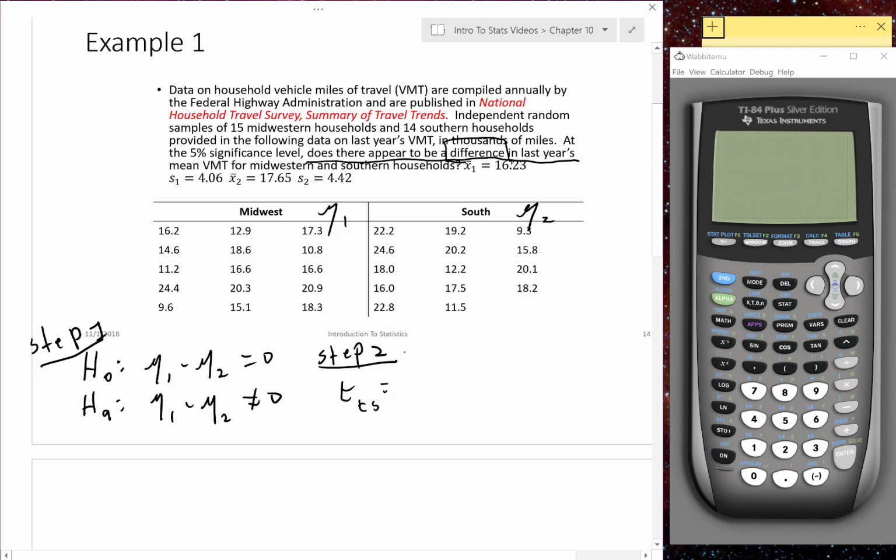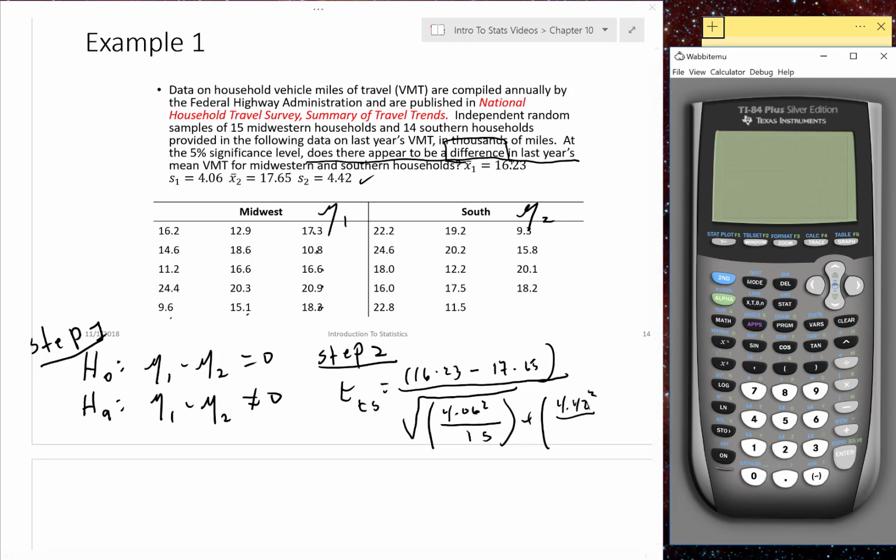And this is going to be x bar 1, which is 16.23, minus x bar 2, which is 17.65, divided by the square root of, open bracket, S1, which is 4.06, squared, divided by N1, which we can easily see is 15, plus S2, which is 4.42 squared, divided by, and notice we're missing 1, so this is going to be 14.